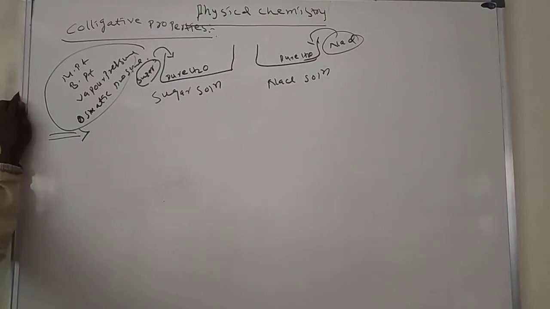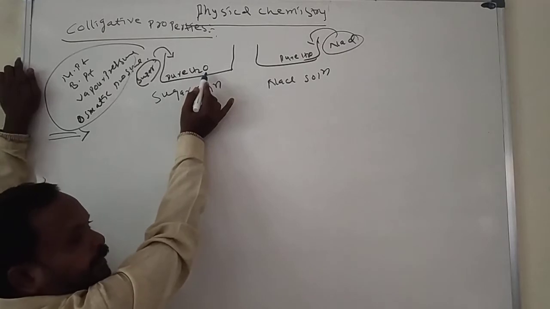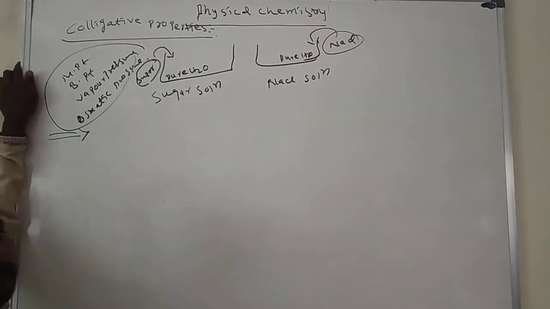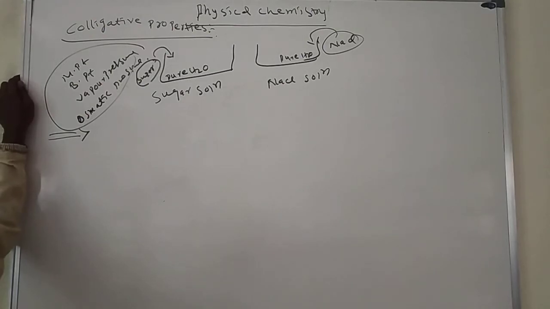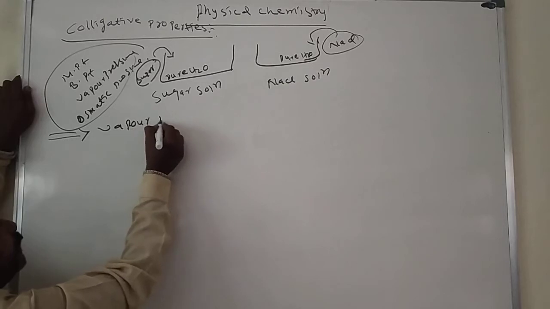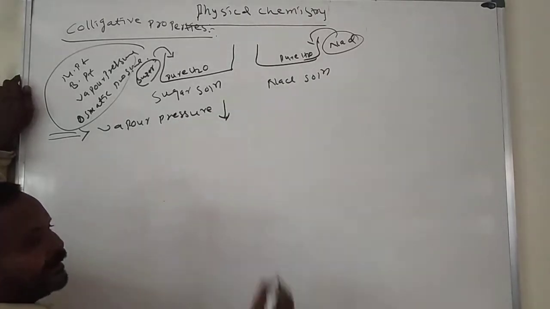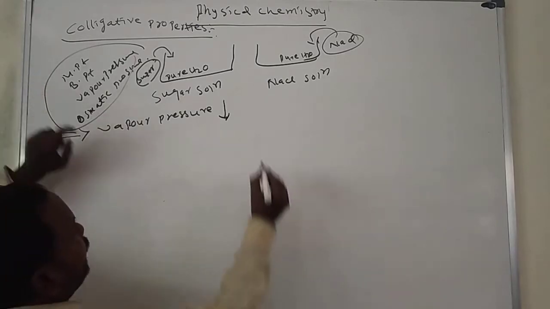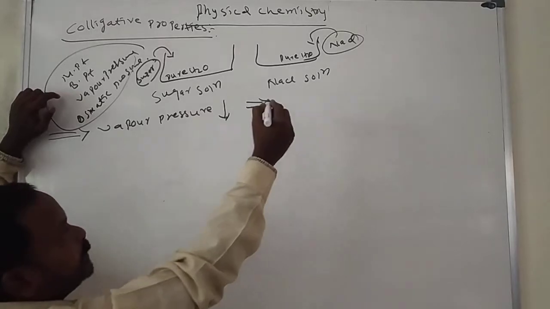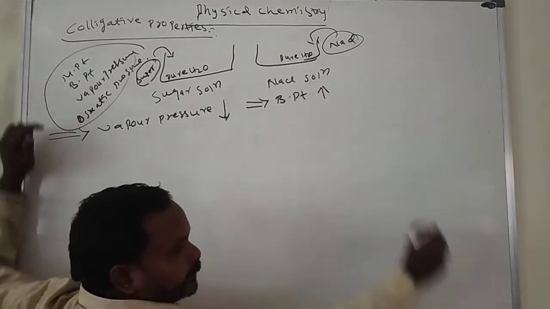We'll see. If you add a small amount of sugar to pure water, the vapor pressure of pure water decreases. We'll see in continuation what vapor pressure is. If you add a small amount of sugar to water, the boiling point of that solution increases.